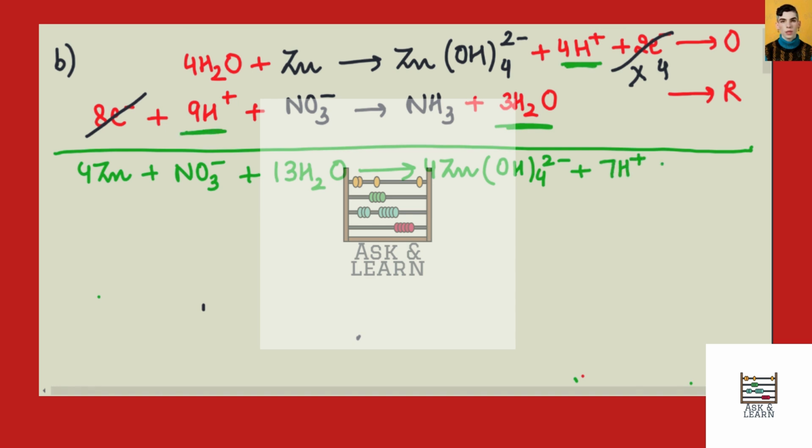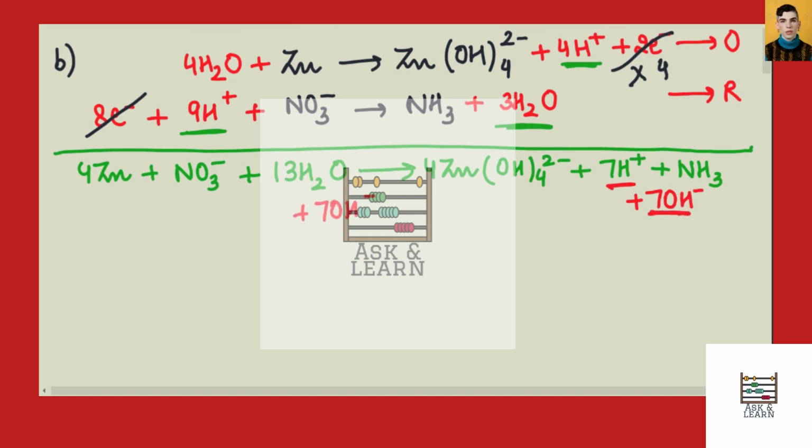Okay, and now since this equation is in a basic medium, we have to add hydroxide ions to balance the H positive ions. So what we will do is add 7 OH negative this side, and then add 7 OH negative this side. So this in total will form 7 water molecules, and 13 minus 7 is how much? 6.